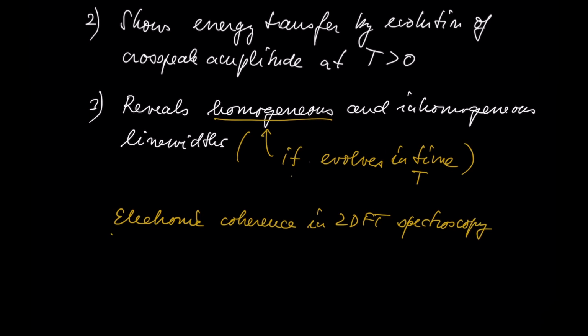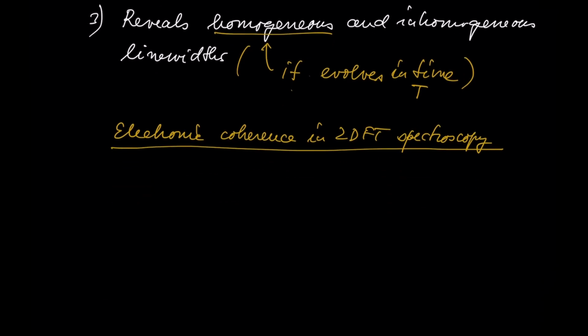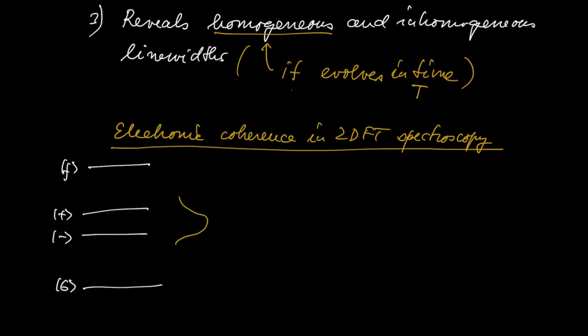So what is it first? Let's draw again the state diagram that we have with the ground state, with, let's say, the minus, plus, and F state. And let's imagine that our laser pulse is so broad spectrally, that is so short in duration, that we can excite simultaneously both the state plus and minus.